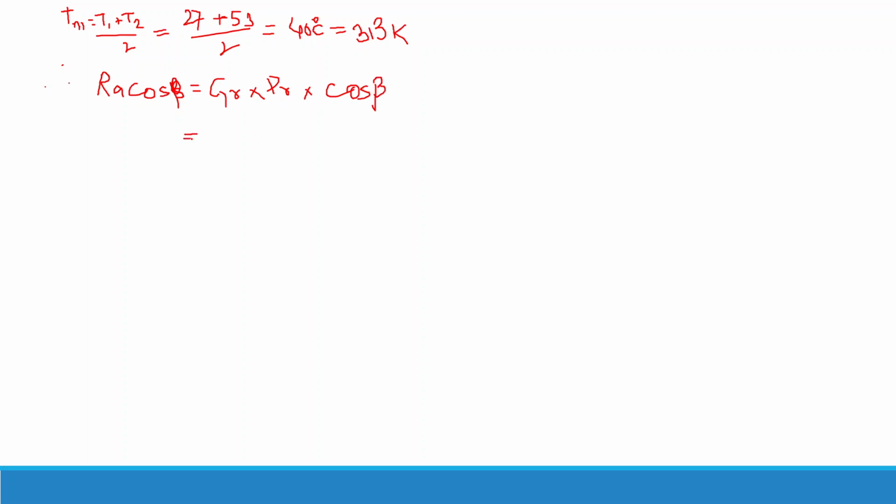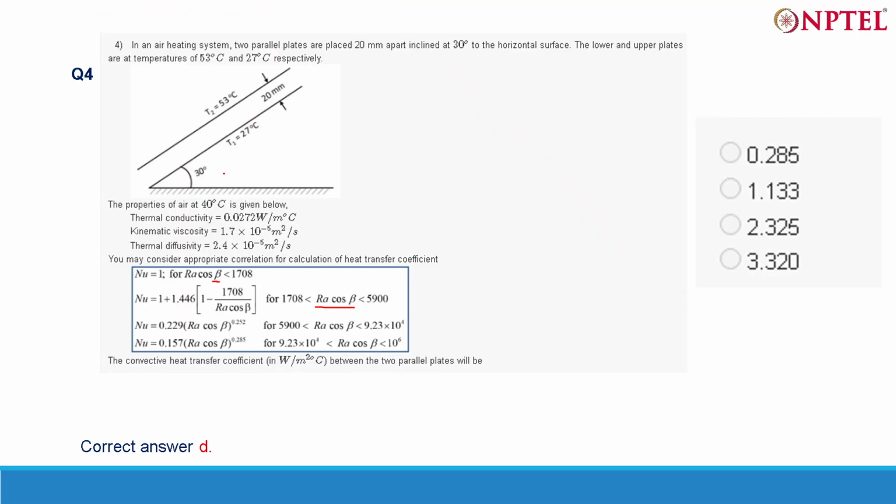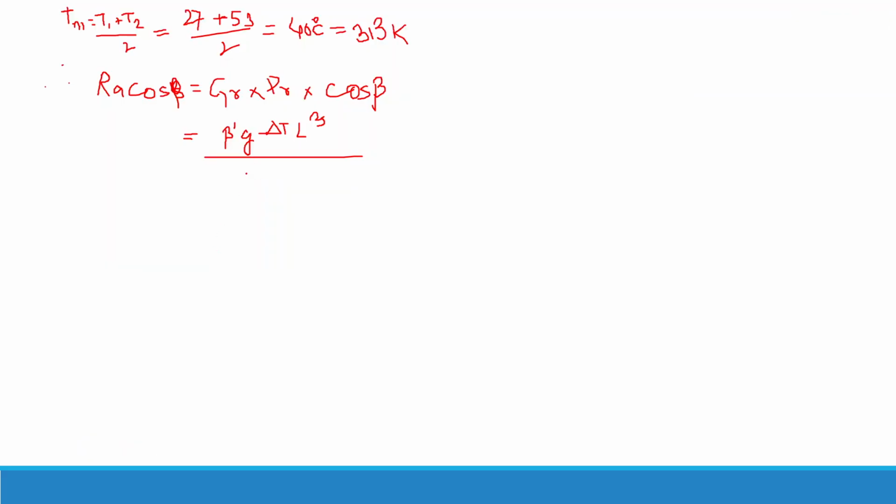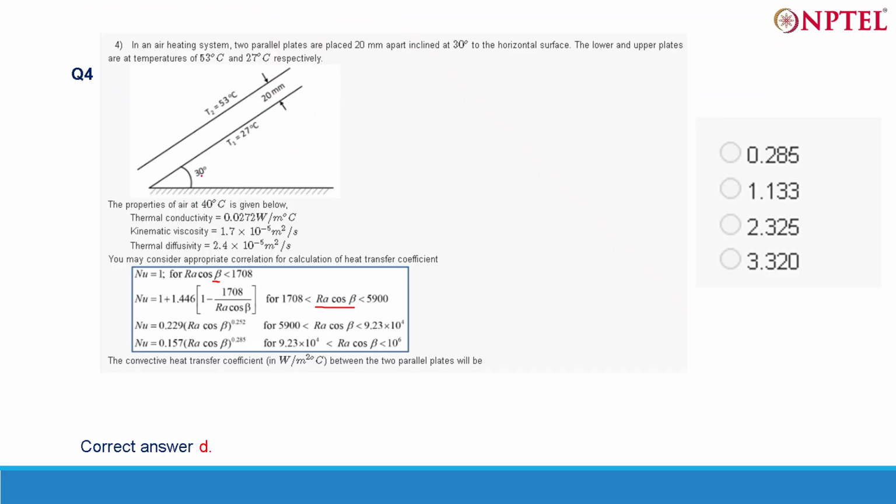Now, if you write the Grashof number, that is beta dash g del T L cubed upon the kinematic viscosity and thermal diffusivity. Please focus on how I am approaching and solving this question. And how much is beta? It is 30 degrees.